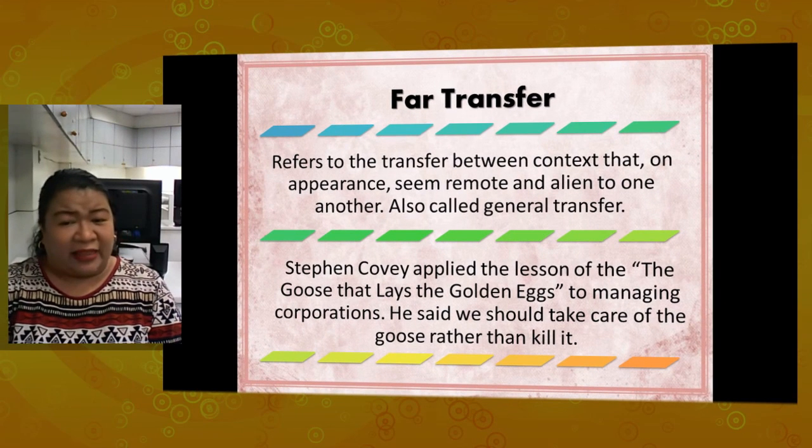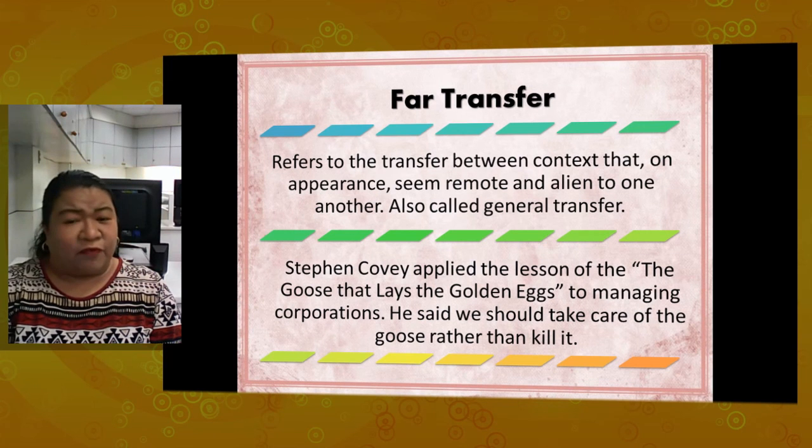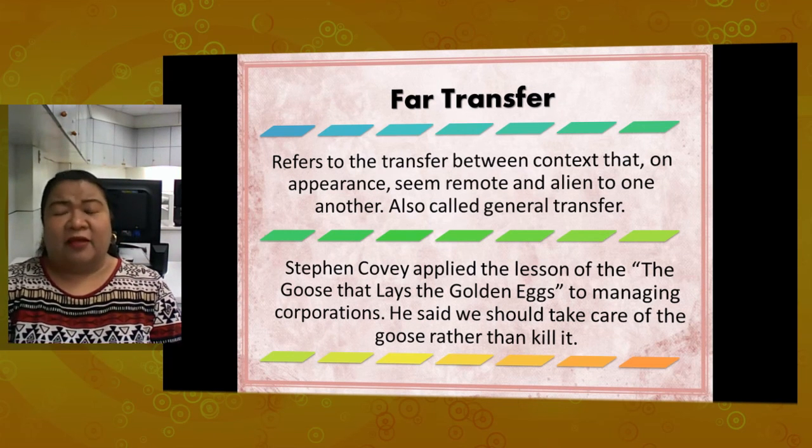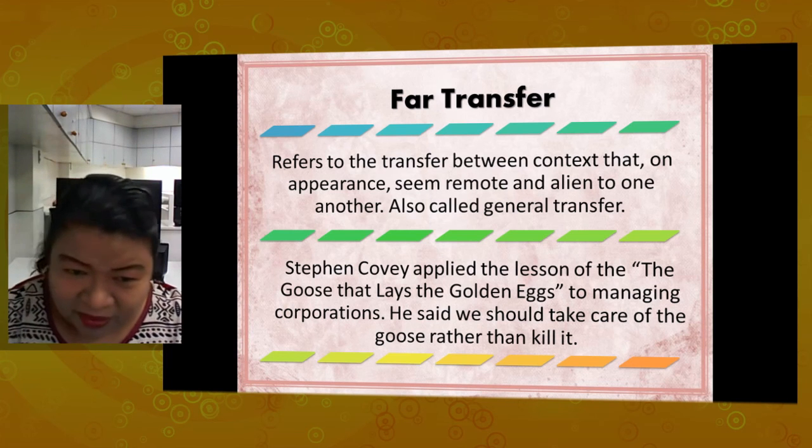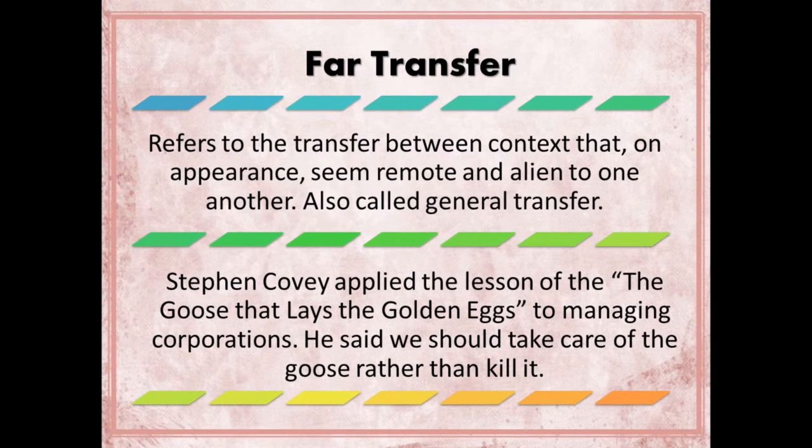So you understand that we need to take care of the people in our corporation, our employees, so that productivity will continue. No? So this is very similar to Ausubel's concept.